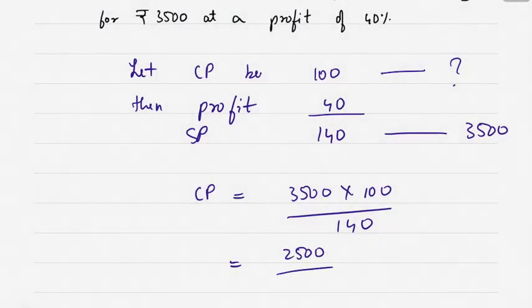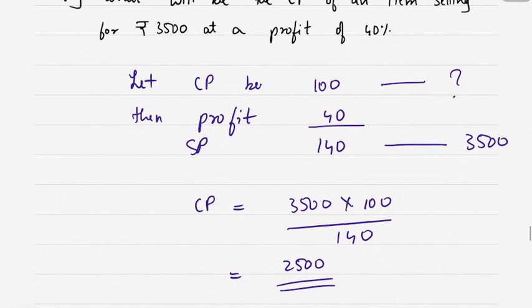So 2,500 is the cost price if an item is sold for rupees 3,500 at a profit of 40%. Very simple.